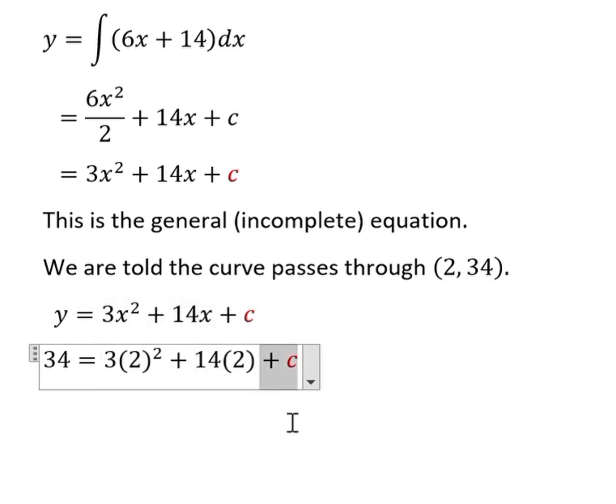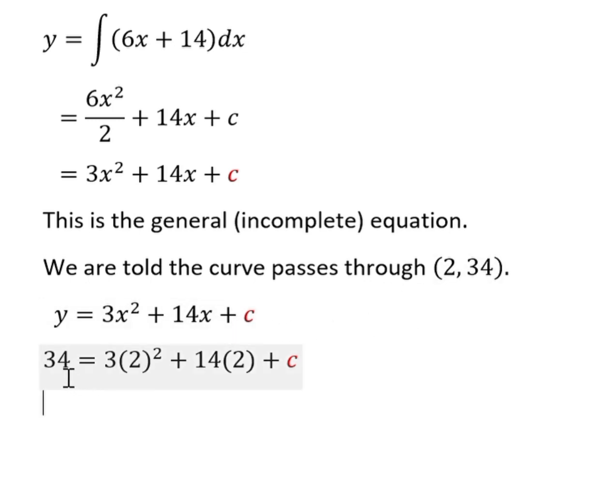What have we done? We have realized that this is the incomplete or general equation that we had: y is equal to 3x squared plus 14x plus c. Then we took this point we are given, this being the x coordinate and this being the y coordinate. We substituted it in this incomplete equation. Instead of y, we wrote 34 is equal to 3 into, instead of x, we have the x coordinate being 2, you square it, plus 14 into 2, then plus c.